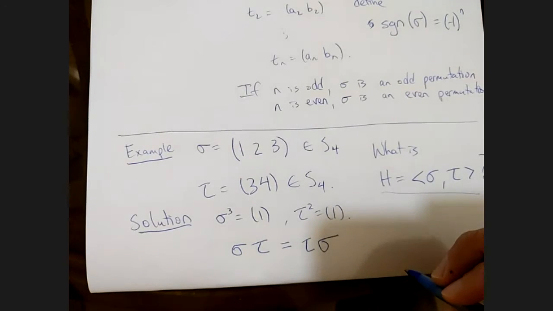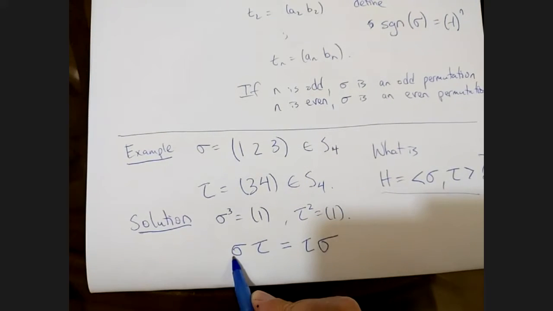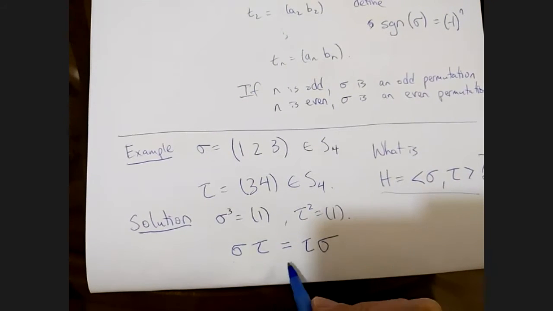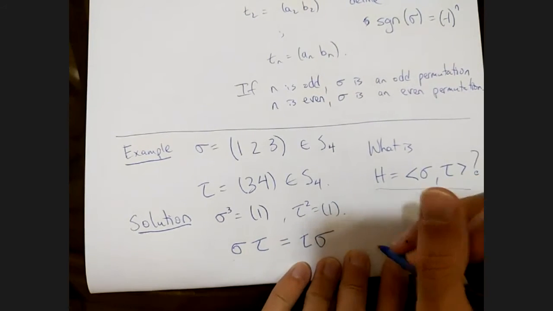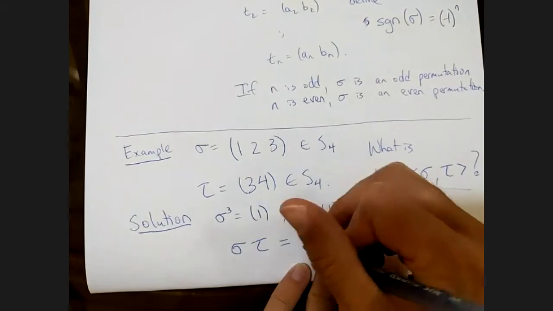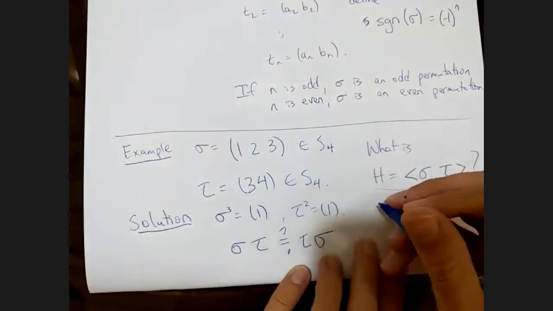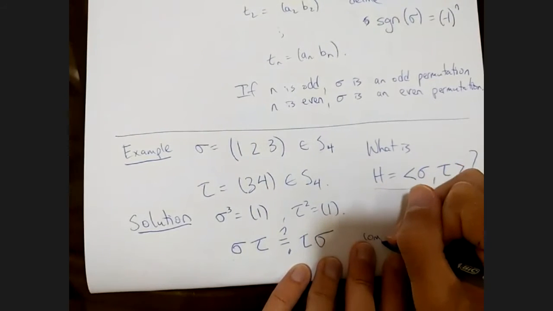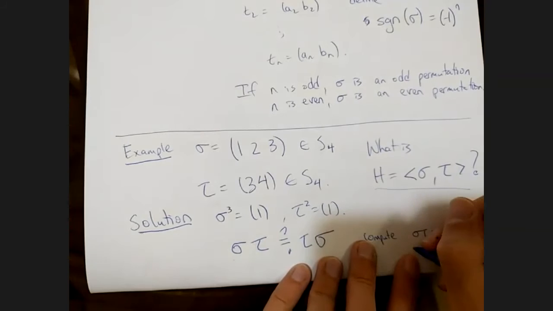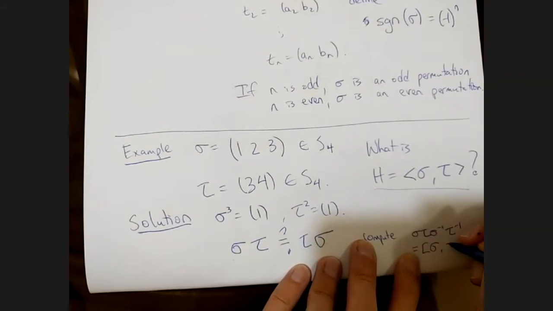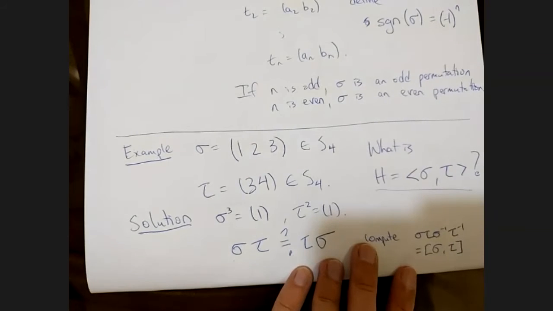So what we have to do is figure out, do sigma and tau commute? Is there some other relationship? Basically, another way to express this question is to compute sigma tau sigma inverse tau inverse, also known as a commutator, which is our next topic anyways.